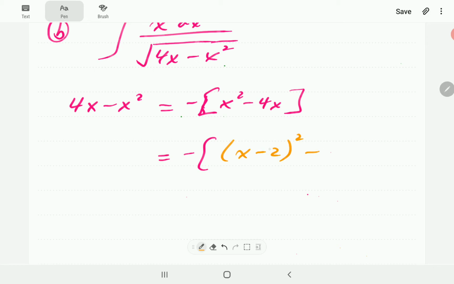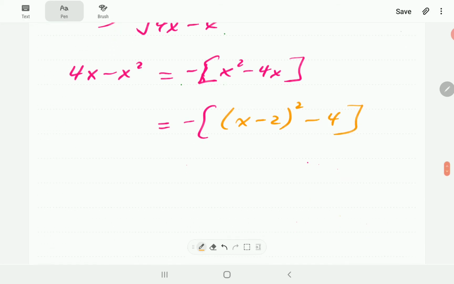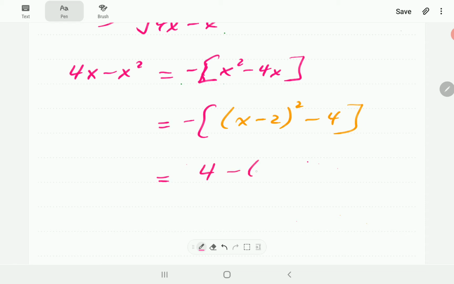Then we're just going to subtract the square of this, so that's going to be minus 4. And then the completing the square process is done. Then afterwards we remove the square brackets. So when we do that, this thing is going to look like this.